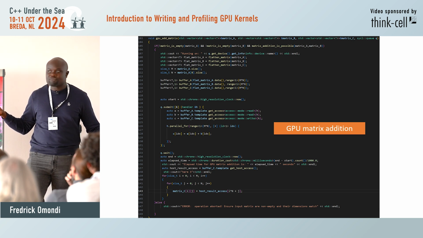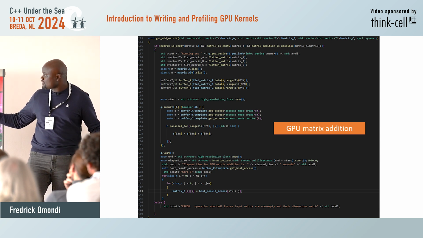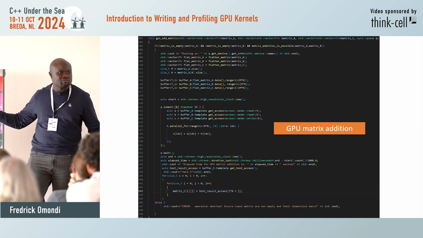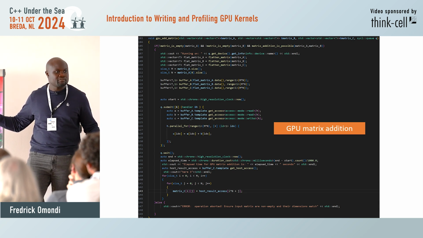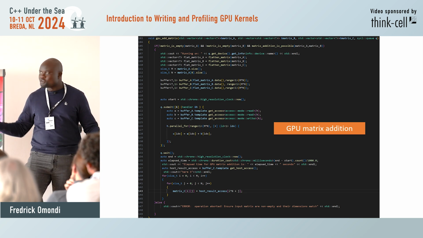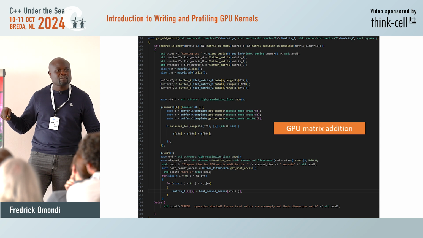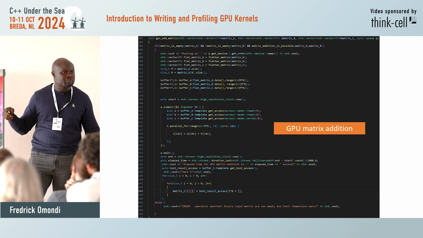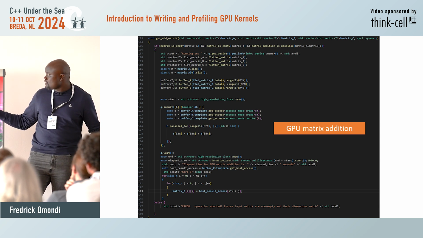But if you are to do this on the CPU, remember all this is running on the GPU, and the GPU does not have ways to do smart things. It just knows this is the data element, this is the operation, let's get it done. On the CPU, I think the compiler can be smart enough to optimize this actually. But when you come to the GPU, it's upon you.